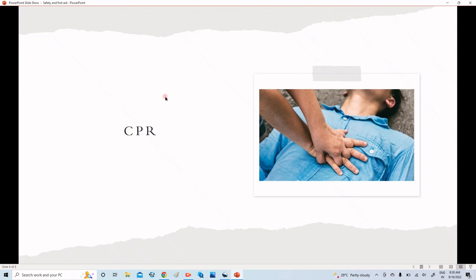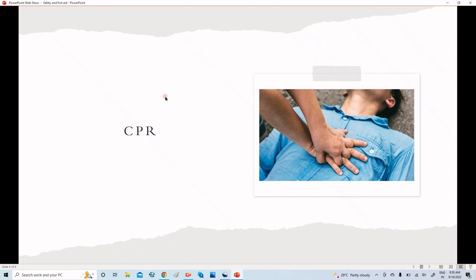Giving chest pumps. We're applying pressure. This pressure is like pumping, and the heart is like pumping the blood via our pumping action. This can make blood flow to the brain, and somehow the brain can get its blood, and the person can become conscious again. So this is the science behind CPR.